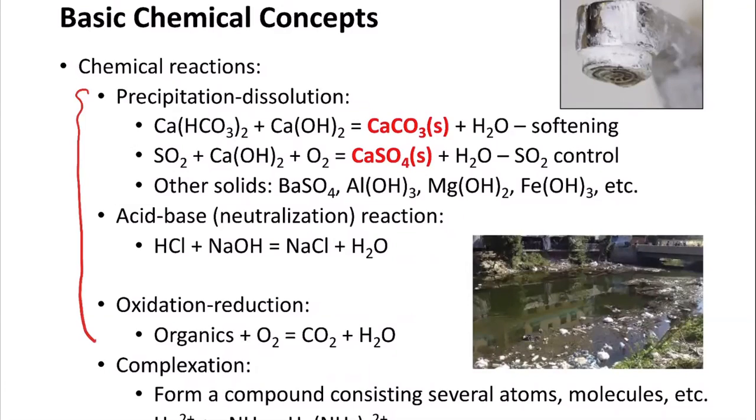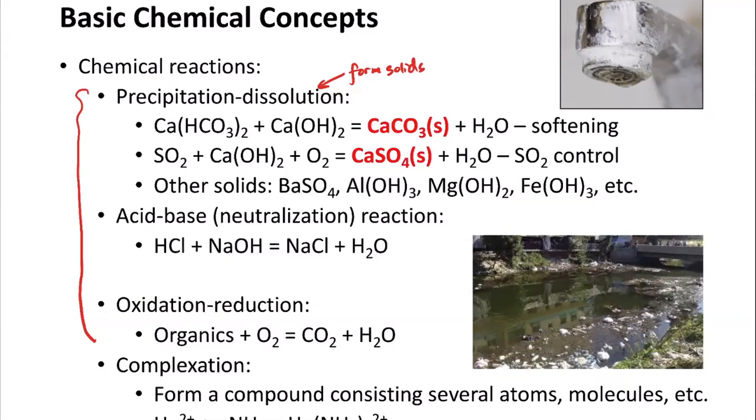So one major type is the precipitation dissolution reaction. In these reactions, a major feature is that it's going to form solids, okay? So whenever a reaction can form solids, then this reaction can happen and almost happen irreversibly, okay?